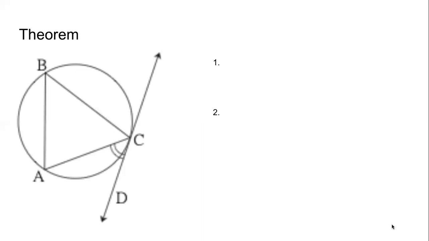The theorem says that if we have a situation where there is a tangent to the circle, so here we have a circle and there is a tangent. We can say that CD is the tangent, and if we name it as a line, this line T passes through just one point on the circle, which is the point C. So this line T is a tangent.